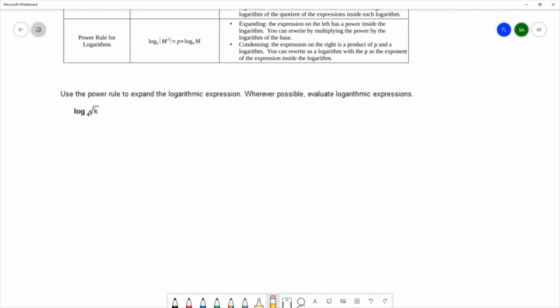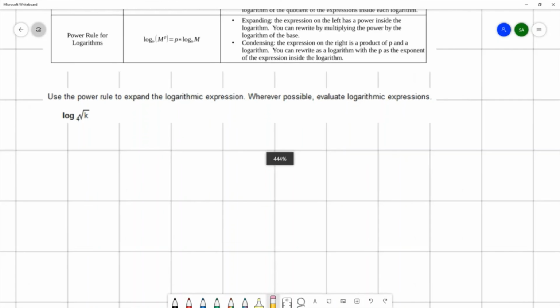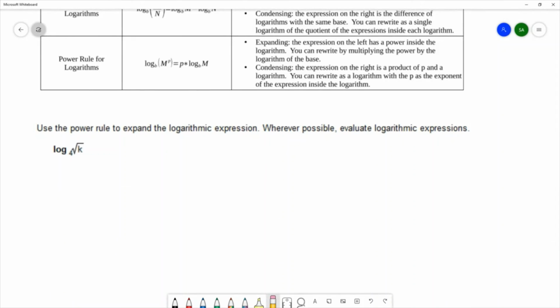With the power rule, if we have an expression, log base b of m to the p, so we have a power inside of our logarithm, what we're allowed to do is to change that power. Instead of being in the exponent, we can make it become the coefficient of our logarithm.